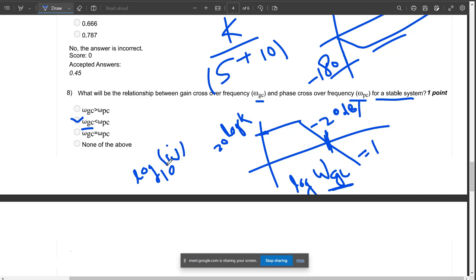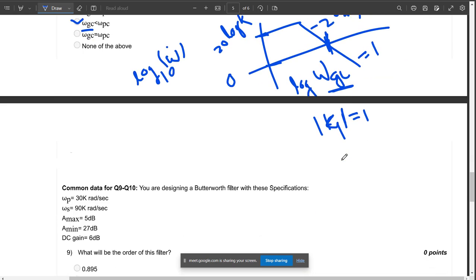So here this will be omega gc. For omega gc, log of omega gc equals 1, and this is 0. In terms of mod k, it will be equal to mod g, equal to 1, right? So omega gc for this system will be something, but for this system the phase crossover, omega pc, will be how much?